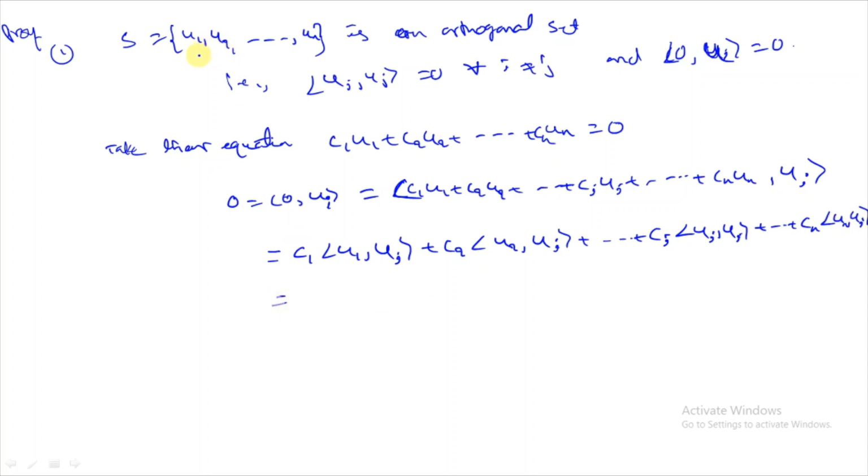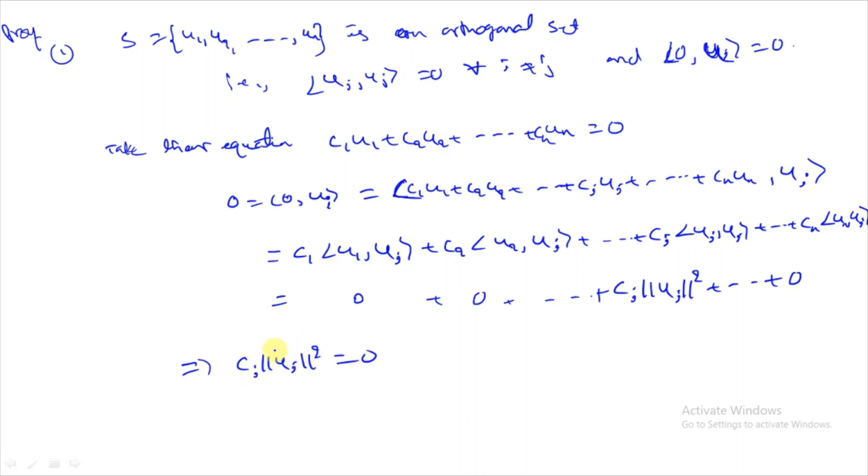See, an orthogonal set means the vectors are mutually orthogonal. U1 with Ui is 0, and this one is also 0. What about Ci times the inner product of Ui with Ui? That is norm Ui squared, plus the others which are 0. That implies Ci times norm Ui whole squared equals 0.